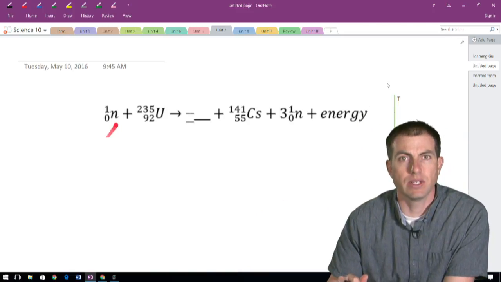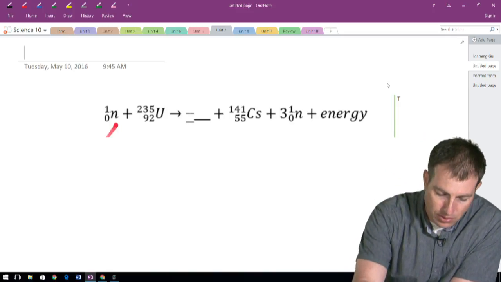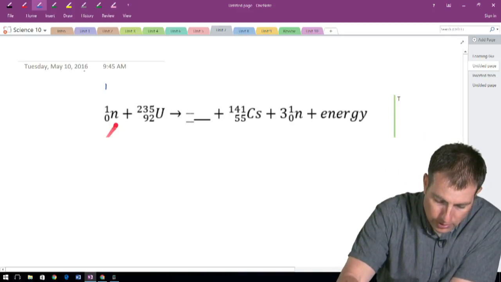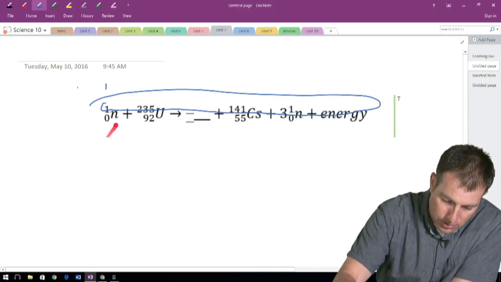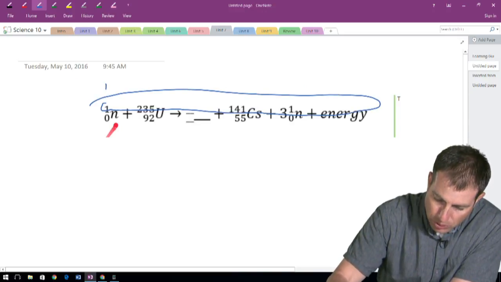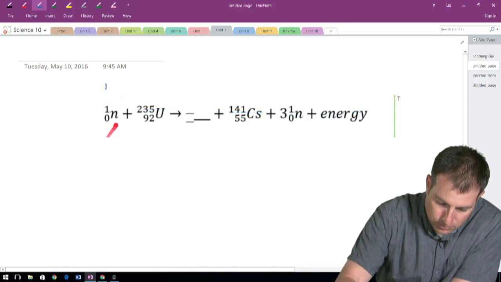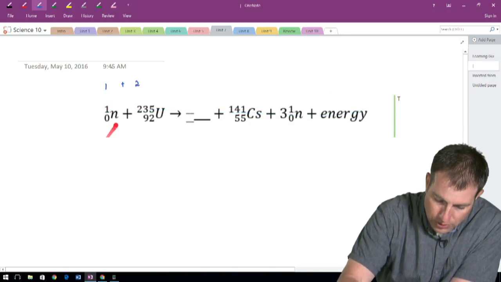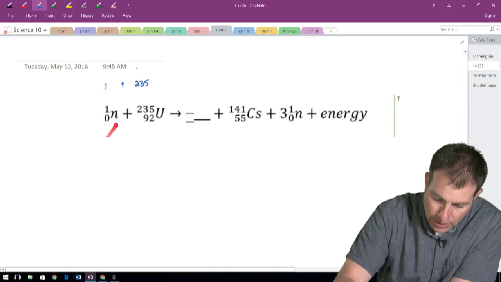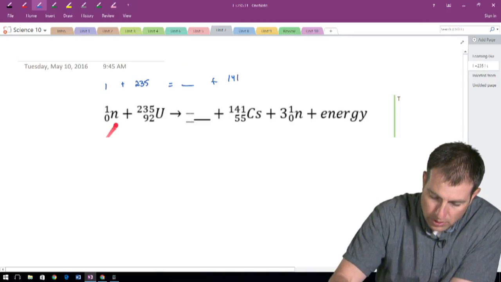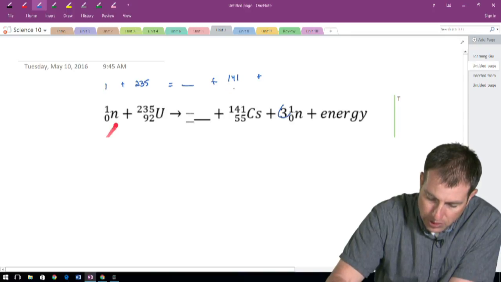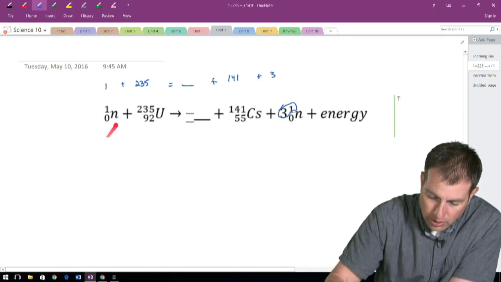You want to think of it as two different math equations. I'm just talking about the top numbers here, so the top portion. I have 1 plus 235. This arrow is equals. I have something plus 141. And then I have 3 of whatever's here, so 3. The energy I don't really need to worry about.